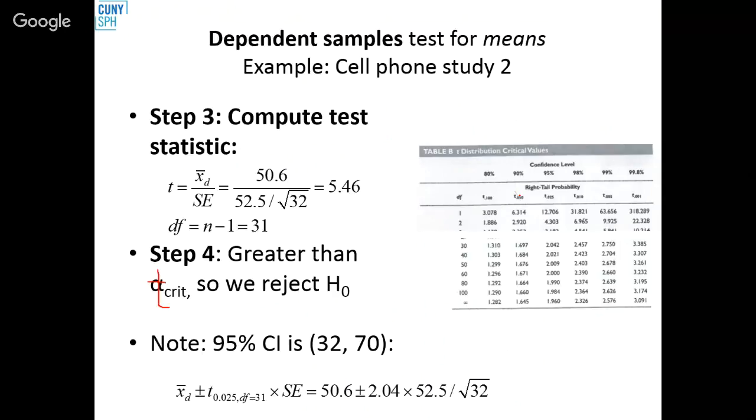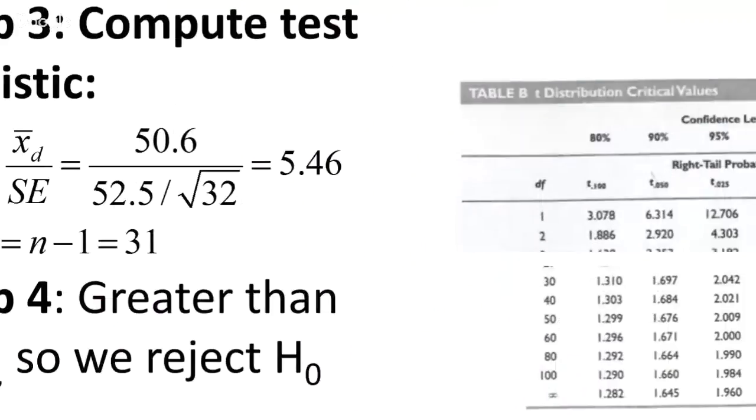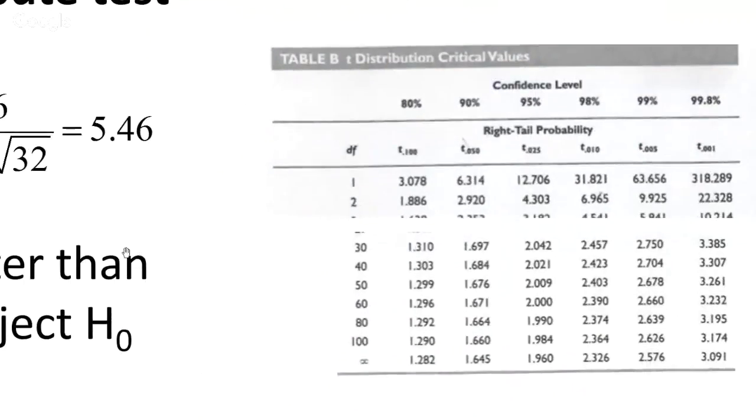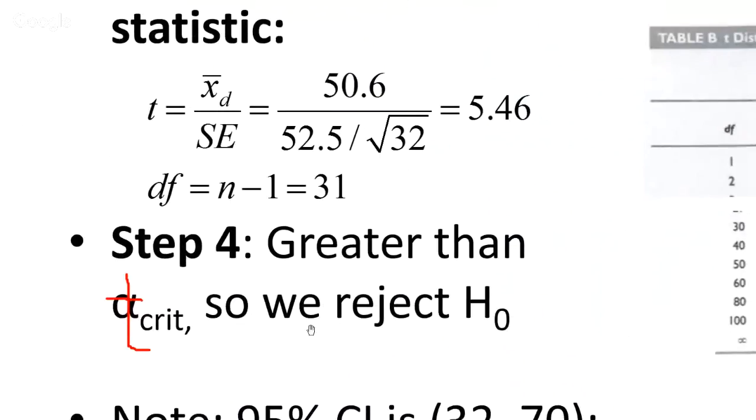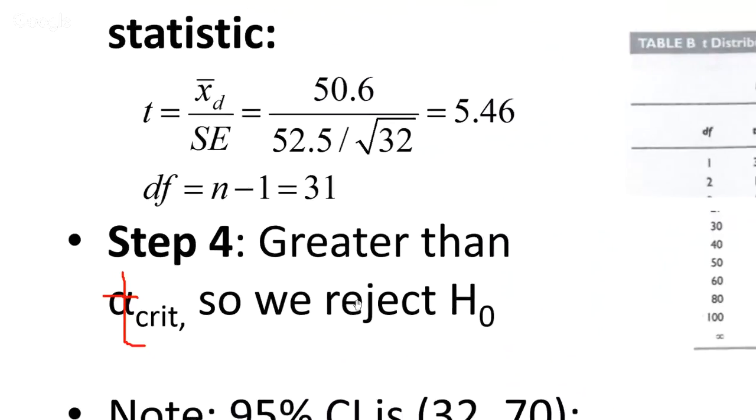So for 31 degrees of freedom, let's just look at 30 at a 95% confidence level. The critical value of T is 2.04. So 5.46 is much greater than our T critical, so we reject H0.